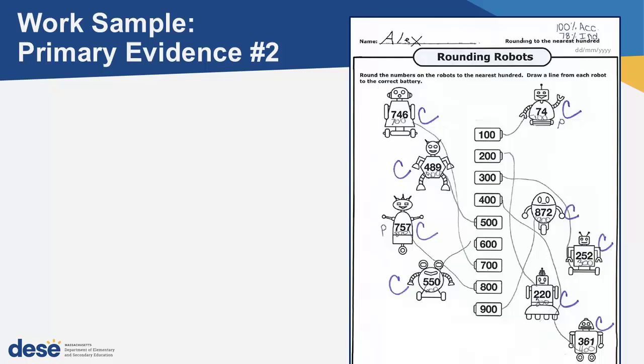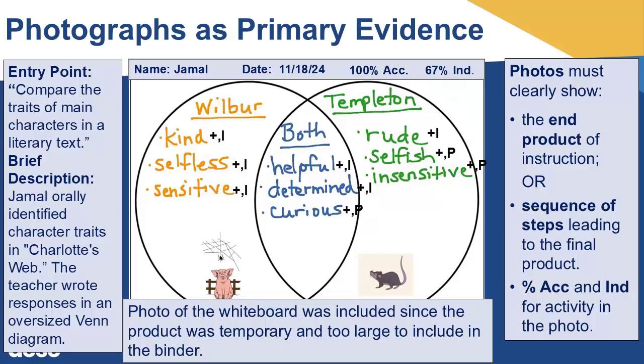So that's primary evidence. What about photographs? What about if you're doing things that are temporary? You can do photographs because obviously you do things on whiteboards, you may do things, maybe you create a craft of some form that is still assessing the skill, and you're not going to send that in.